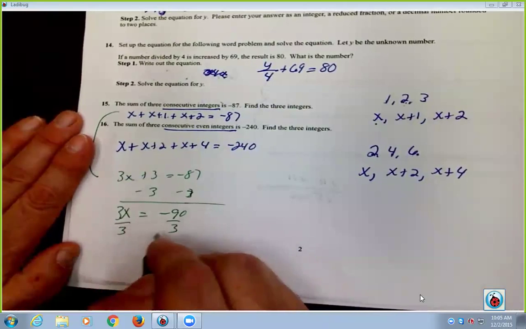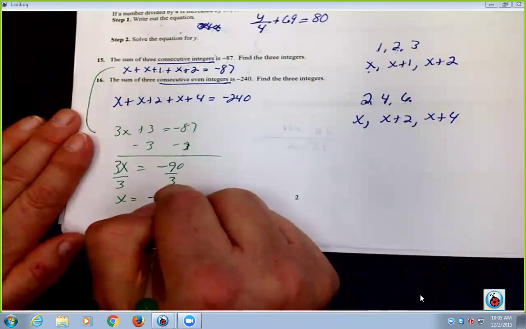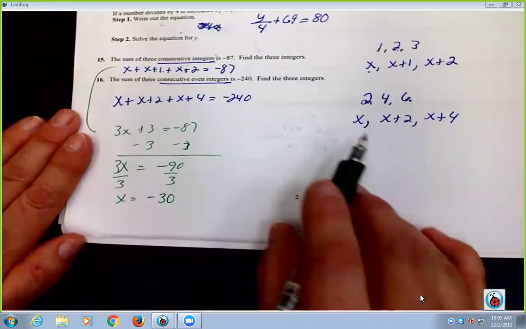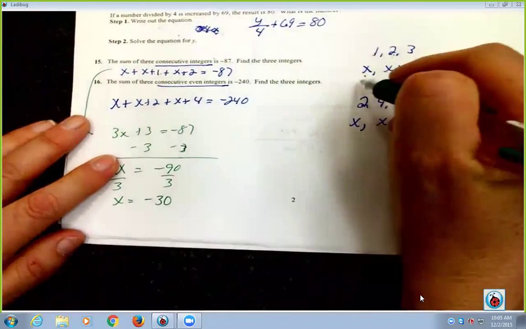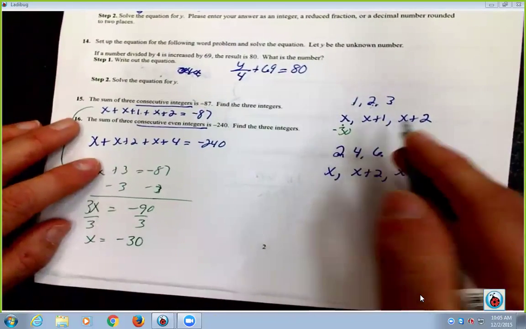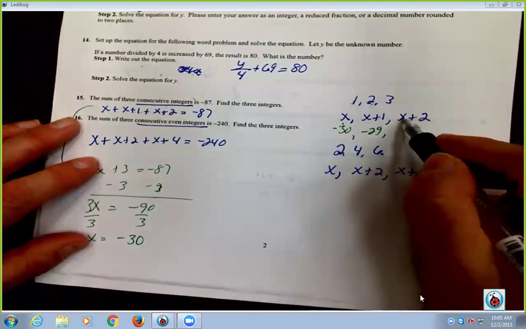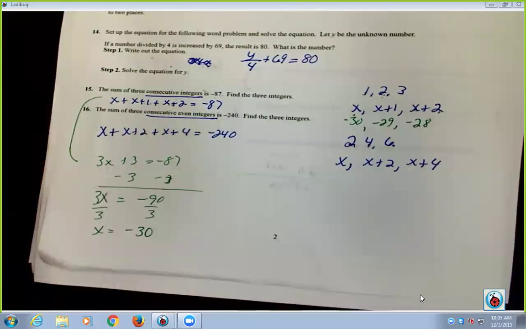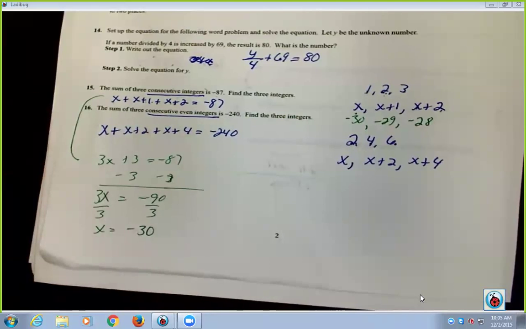Divide by 3, and x is equal to negative 30, but that's only x. Then I need to go back and find my other pieces. If x is negative 30, the next one is negative 30 plus 1, or negative 29. The last one is negative 30 plus 2, or negative 28. Okay? Does that help?